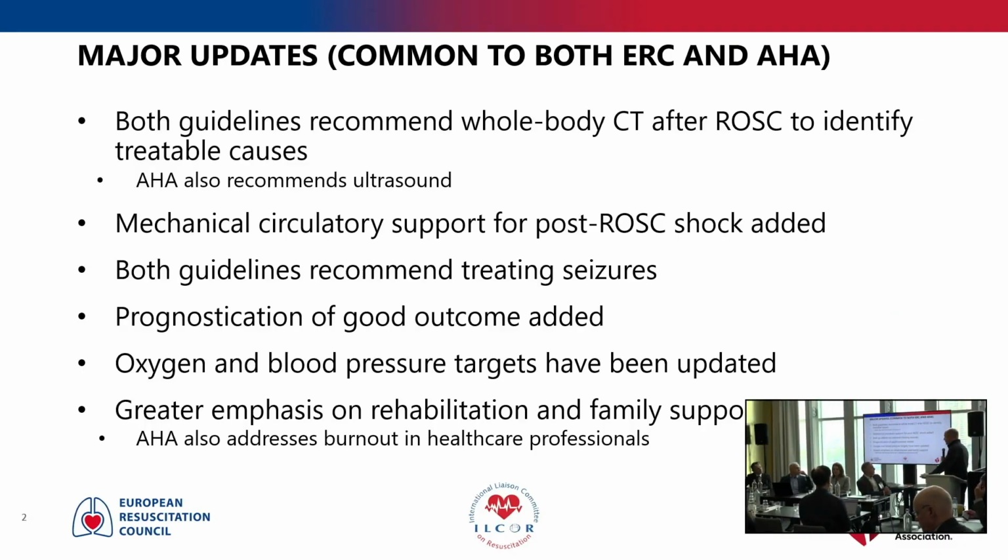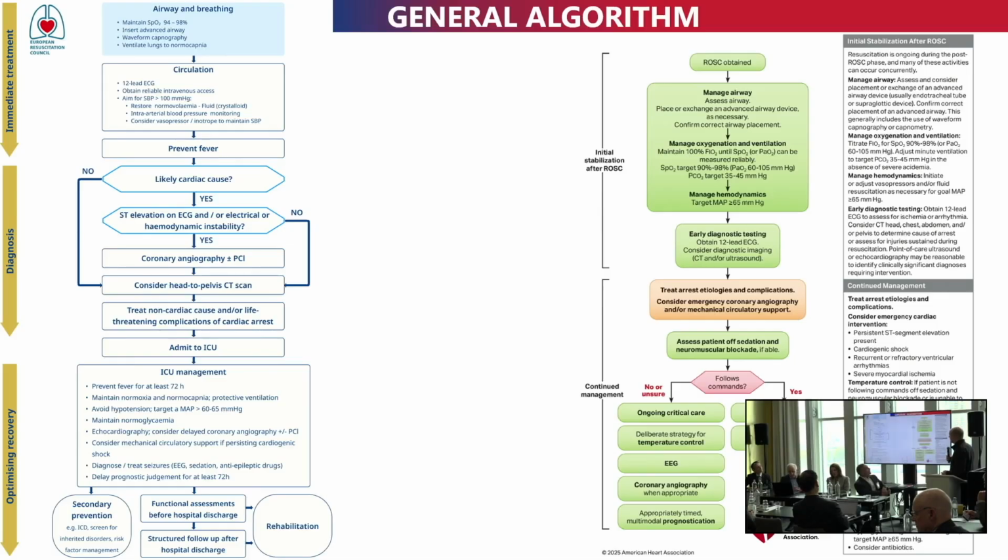The prognostication of good outcome was added in addition to the standard prognostication of poor outcome that was already there. And the oxygen and blood pressure targets have both been updated based on new evidence over the last number of years. Finally, there's been a greater emphasis on the rehabilitation and family support portion of post-cardiac arrest care, and the AHA has also added a section addressing burnout in healthcare professionals. So quite a number of updates and changes to both post-cardiac arrest guidelines in both guideline groups.